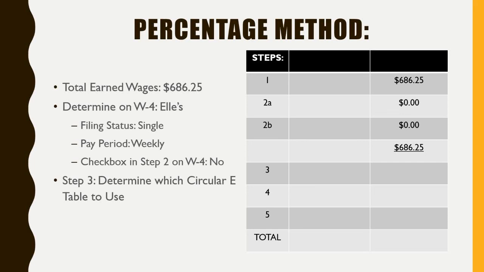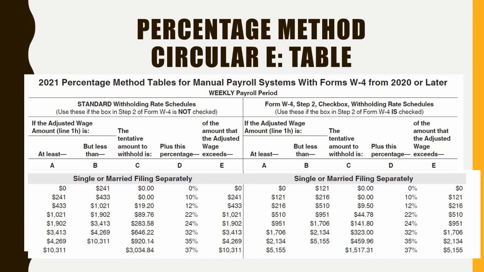And what did she check in step 2? No, because she only has one primary job. So therefore, we need to determine which table on the Circular E we're going to use. In this case, I've already mapped it out for you. It is the weekly pay table for single or married filing separately.